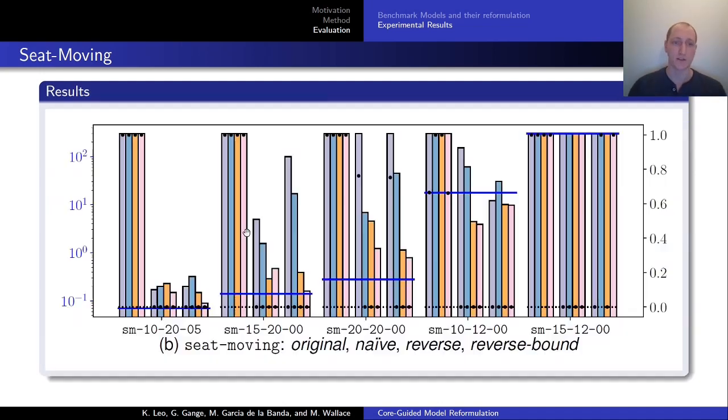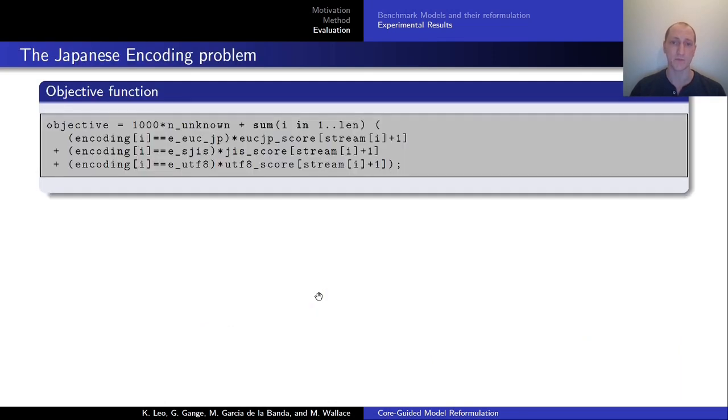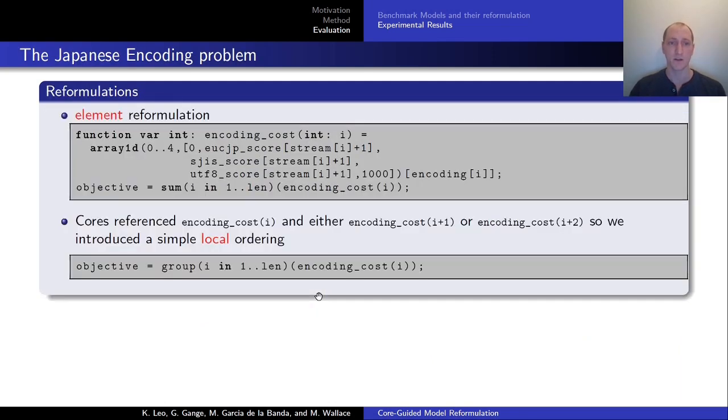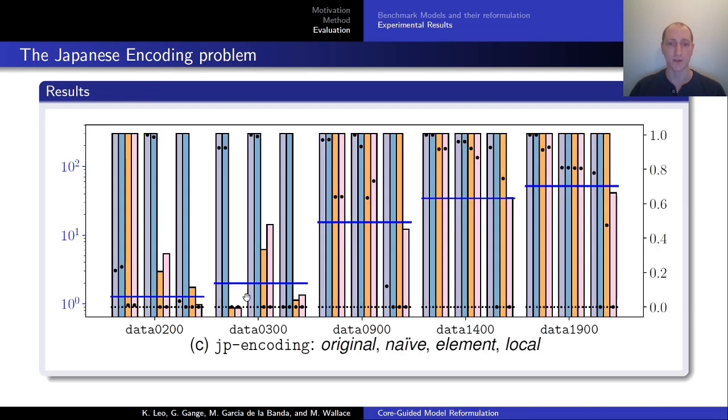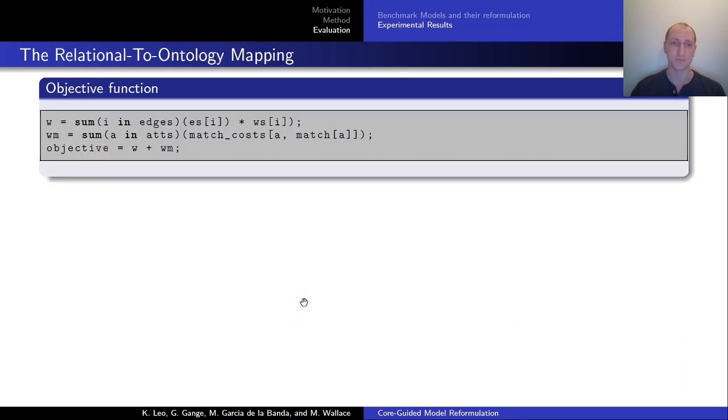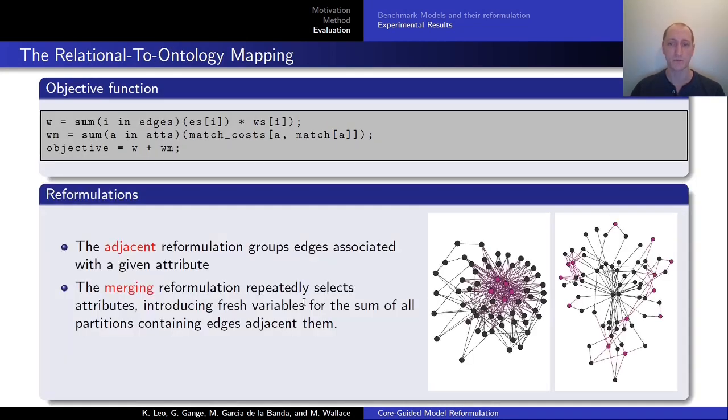So for C-moving, we had 2 different reformulations, and again, they performed well for lazy clause generation solvers, but not for a CP solver. For JP encoding, again, we had these 2 reformulations that performed well for LCG and not so well for CP. For rel2onto, it was interesting that we found a reformulation that performed well on our small instance.